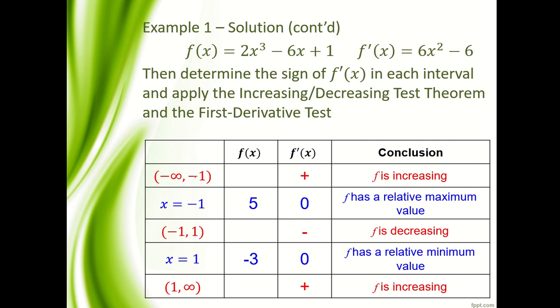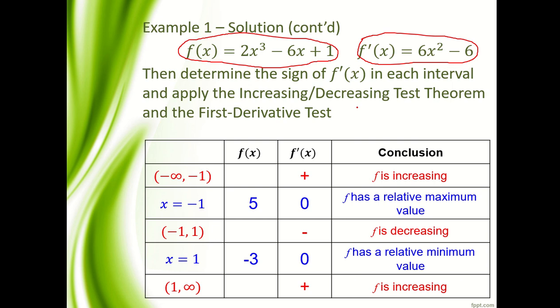We can have negative 2, negative 3, negative 5, and so on. You substitute it in the first derivative. This is our function, and then you take the derivative of this function to get f prime of x.